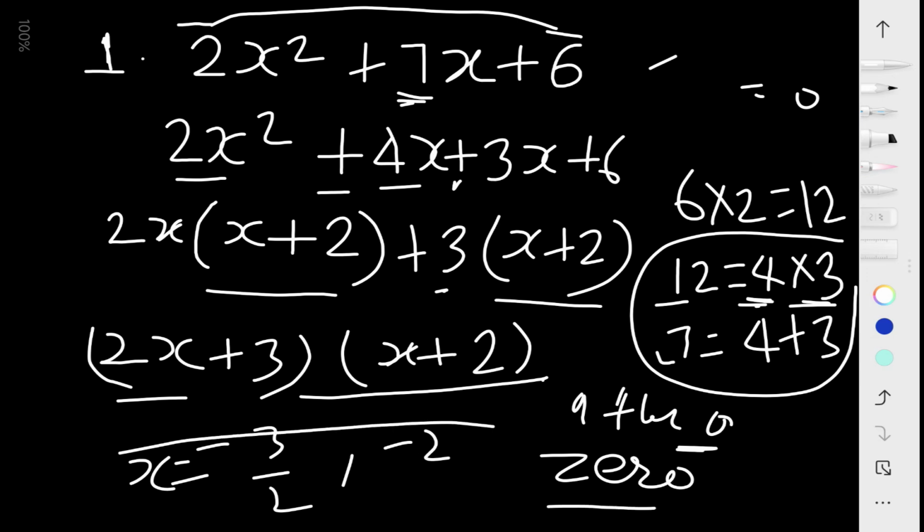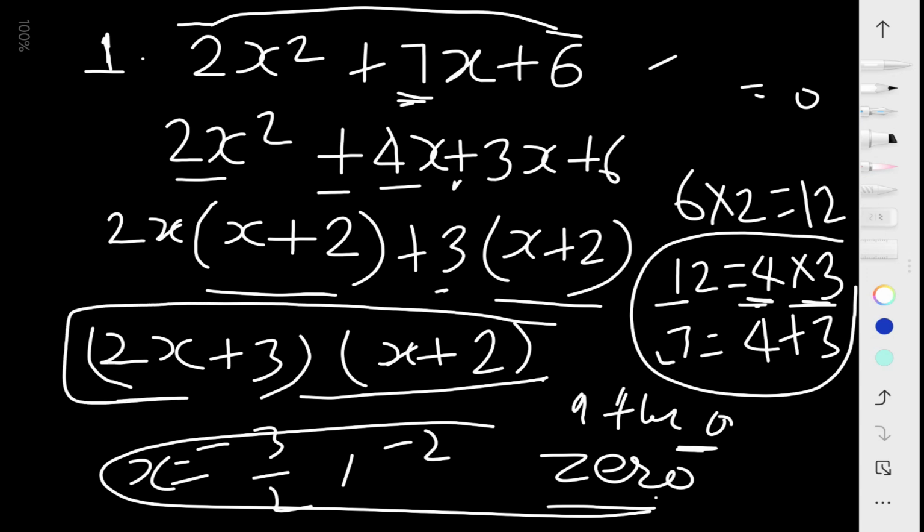But the final answer is this one only. So I think you understood this one, and next question I will give you. If you understood, then you can solve it in an easy way.